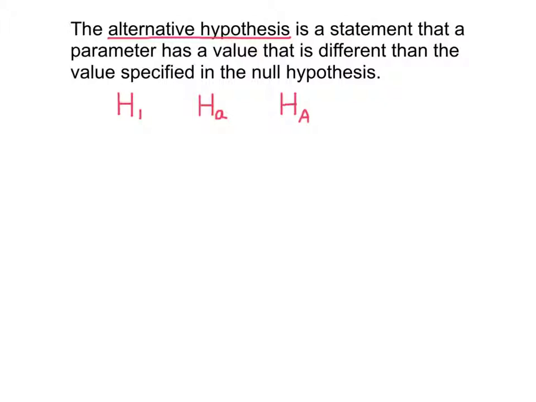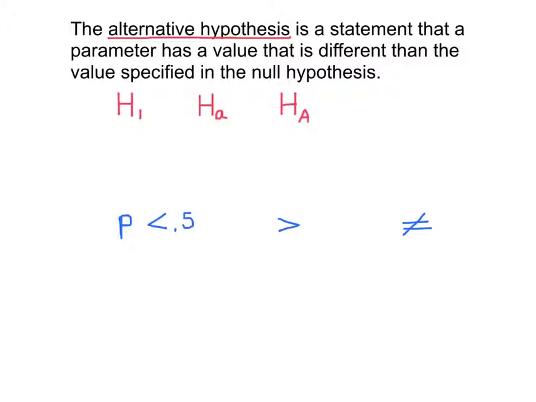So when we're looking at an alternative hypothesis, we don't use an equal sign. That's for null hypotheses. So we would use either less than, greater than, or not equal to. An example is we could say one alternative hypothesis could be that our population proportion is less than 0.5.